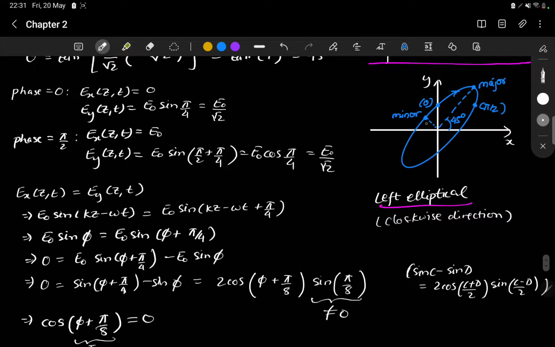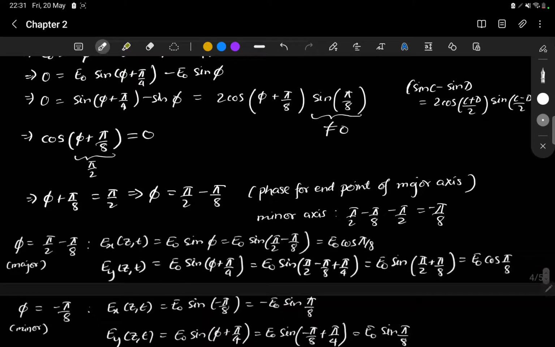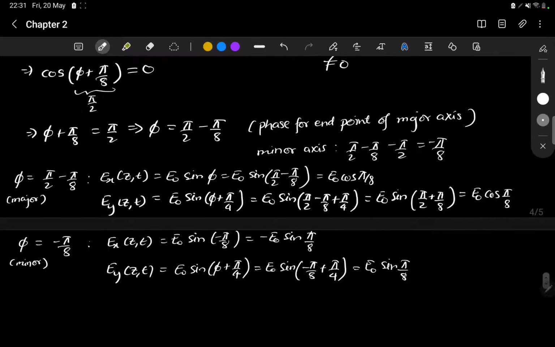This point over here is where x is negative and y is positive, but the magnitudes of both of them, x and y, are still the same, just the sign difference is there.